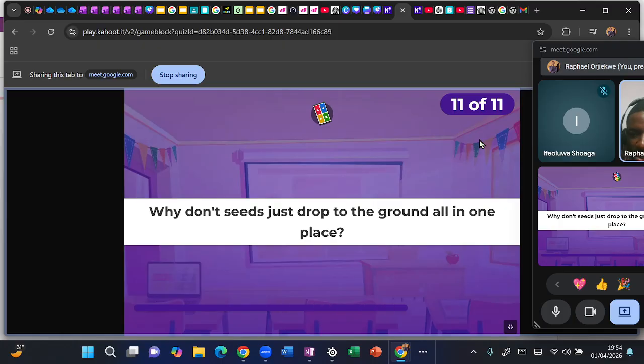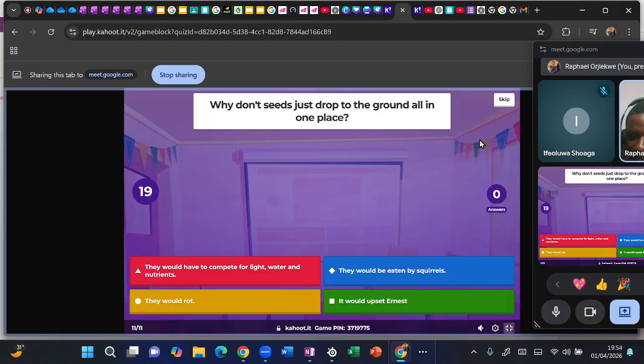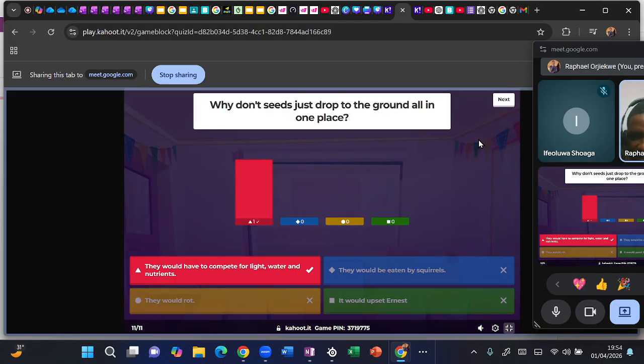Why don't seeds just drop to the ground all in one place? Absolutely correct. That was a 10 out of 11. That is impressive.